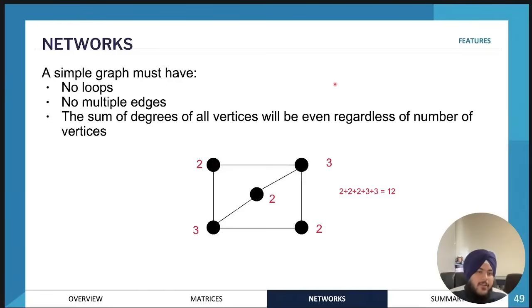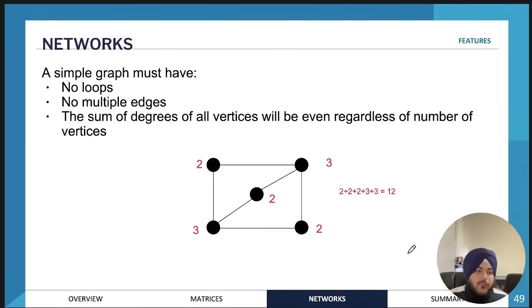Okay, next we're going to be looking at the features of different types of networks. So a simple graph, this is an example of a simple graph, contains no loops and no multiple edges. Multiple edges just means, for example, we have 2 vertices being connected like this. So this would be considered a multiple edge because vertex 2 and vertex 3 are connected by this edge and this edge.